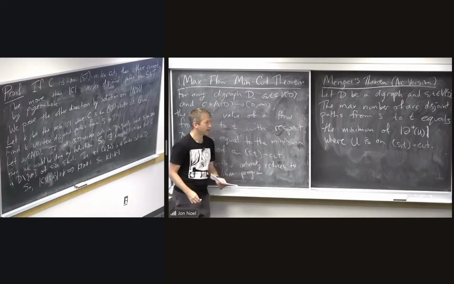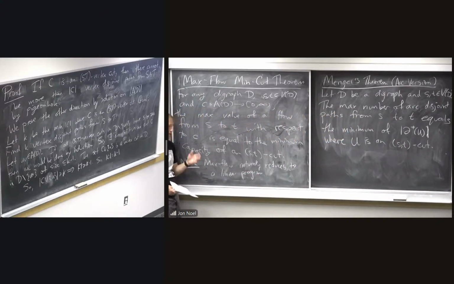Okay. So this is actually very similar to the Max-Flow-Min-Cut theorem, except now we're looking at arc disjoint paths instead of a flow, right?